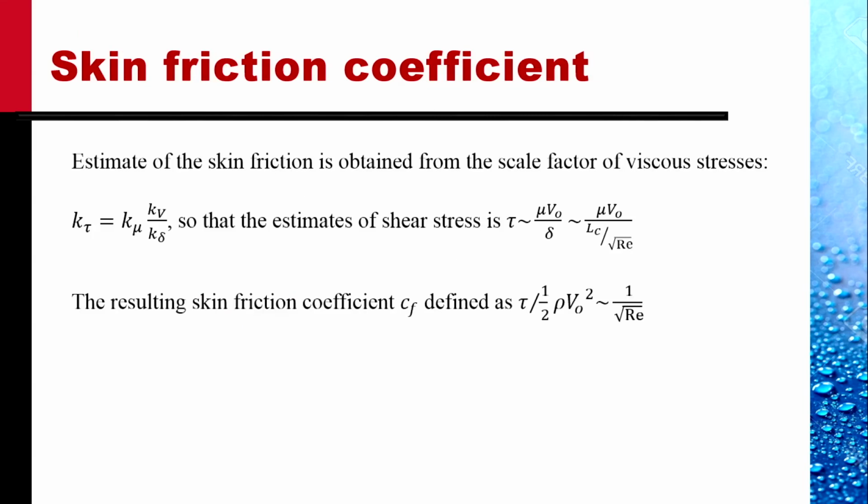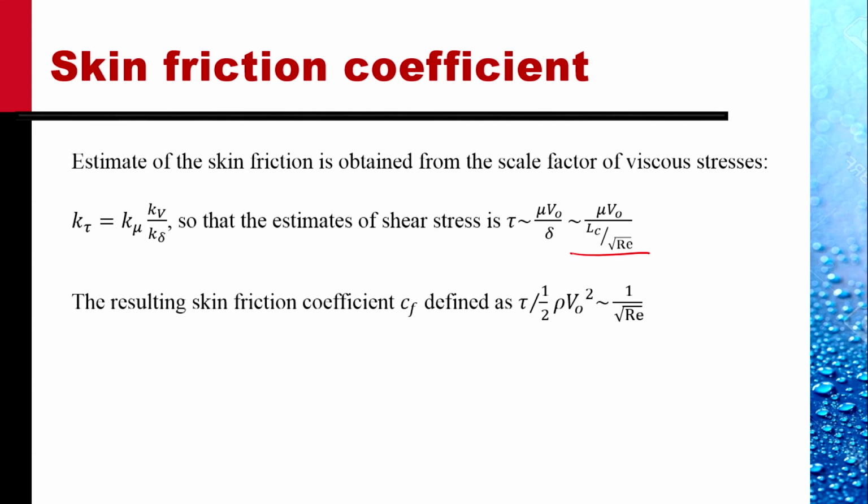Let's estimate the skin friction coefficient from the scale factors of various stresses. The scale factor for skin friction, that is K tau, would be K mu times K v by K delta. The velocity gradient with the length taken as delta, so that an estimate of shear stress is mu V naught over L by the square root of Reynolds number, by plugging in the value of delta that we obtained.